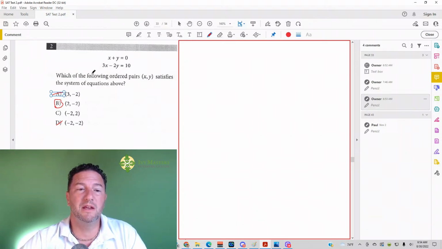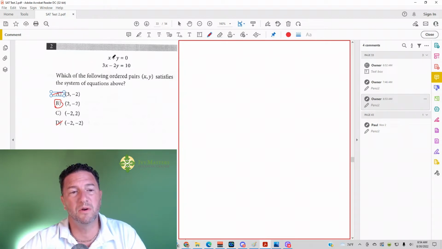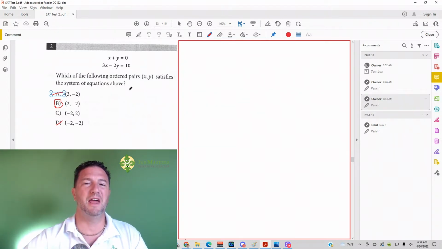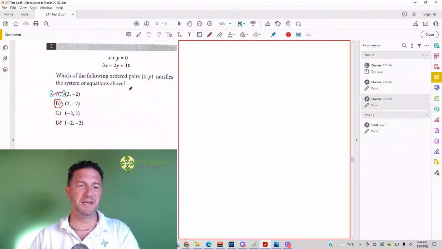And in elimination, you have the stuff lined up, and usually you're multiplying one of the equations by something, and then you add them down, and you can solve them that way. As a rule of thumb, if you have a variable already isolated, then you substitute. If you have the numbers lined up like you do here, x is lined up, y is lined up, and the numbers are lined up, I am an advocate of elimination.